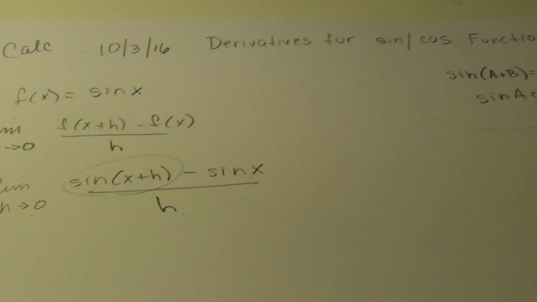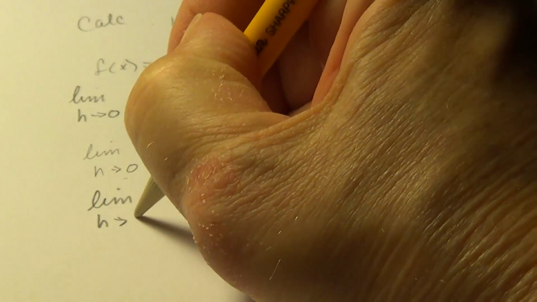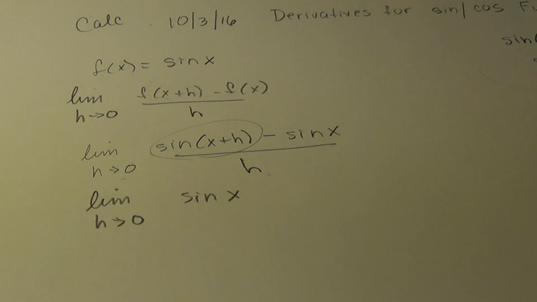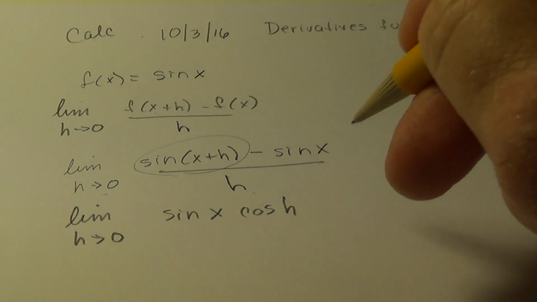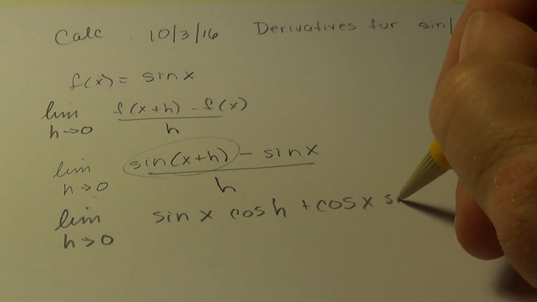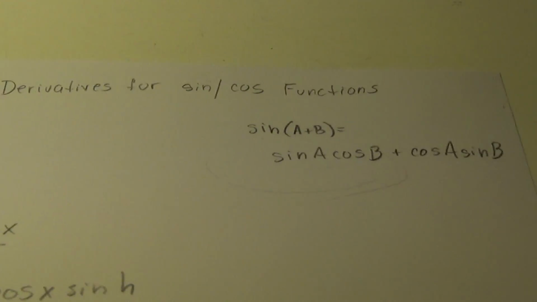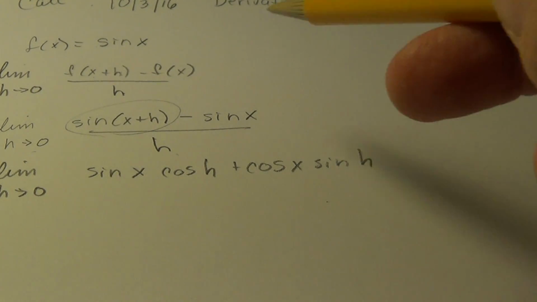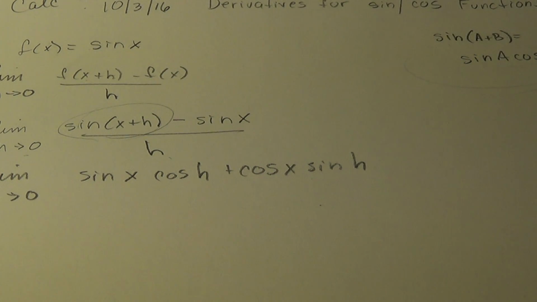So I'm going to rewrite this using the sum identity. Putting that into action, the limit as h approaches 0 of sine A, which in this case is x, cosine B, which in this case is h, plus cosine A sine B. Alright, so using this idea, we have for just this part right here: sine x cosine h plus cosine x sine h.